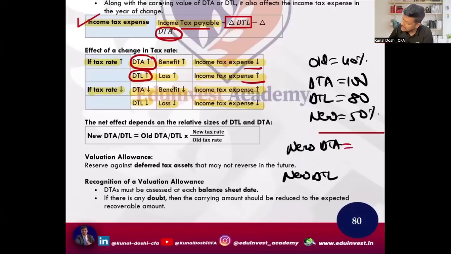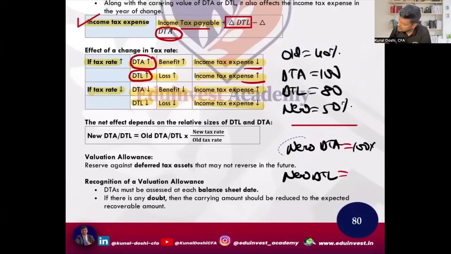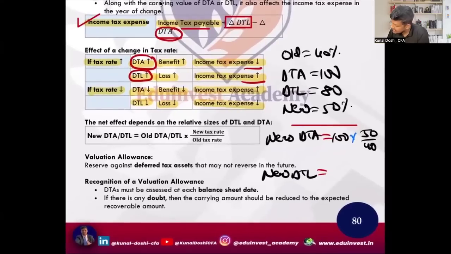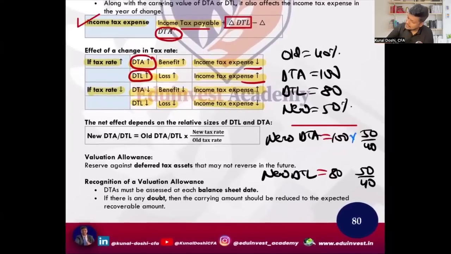See, my new DTA will be old DTA. How much is old DTA? 100 into the new tax rate over the older tax rate. What is my new tax rate, guys? New tax rate is 50 over old, that is 40%. 50 over 40. Same way for DTL, it was 80 into 50, new tax rate over old tax rate.